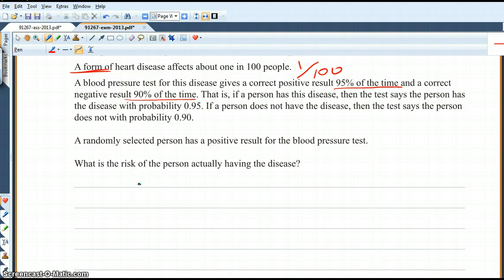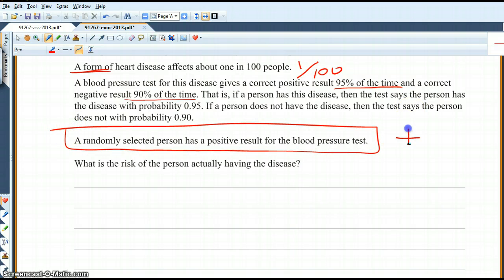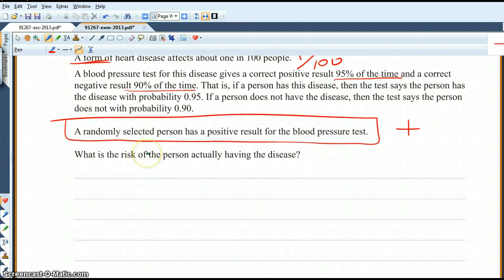Now I'm getting confused, so maybe I need a probability tree. I'll read the question first. That is, if a person has this disease, then the test says the person has the disease with a probability of 0.95. If the person does not have the disease, the test says the person does not with a probability of 0.9. A randomly selected person has a positive result. What is the risk the person actually has the disease?